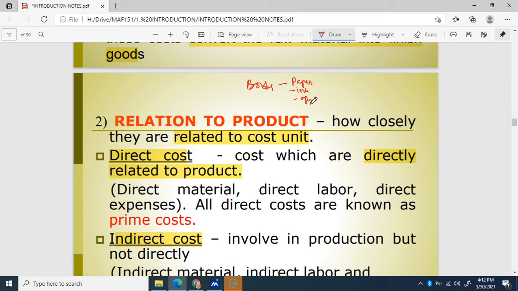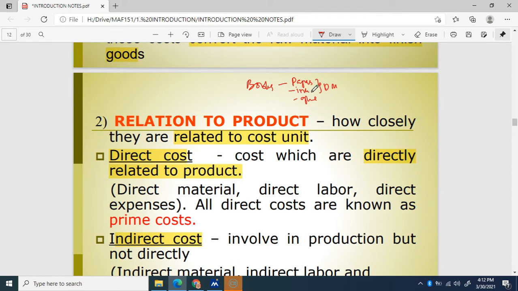So these are all materials. When they are related directly to the product, that means you can identify the amount of material. So this is called direct material. One book needs one ream of paper, and one ream is 10 ringgit. So two books means two reams of paper, that means 20 ringgit. So you can trace directly.